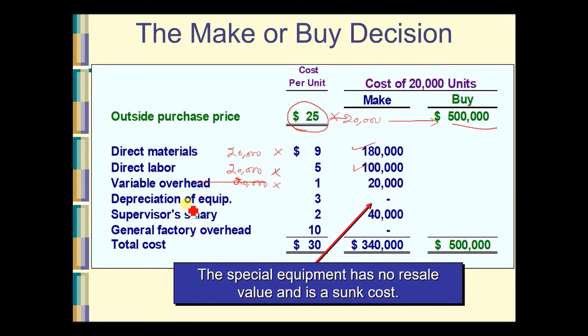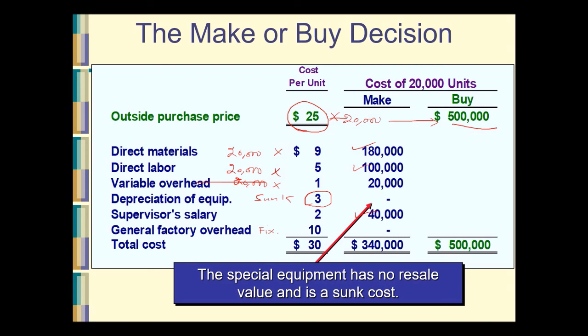We cannot include the depreciation because it's a sunk cost. Supervisor salary we can save 40,000, and we cannot include the general factory overhead. It's a fixed cost. Whether we make in the factory or buy from outside, we still have to pay that cost.